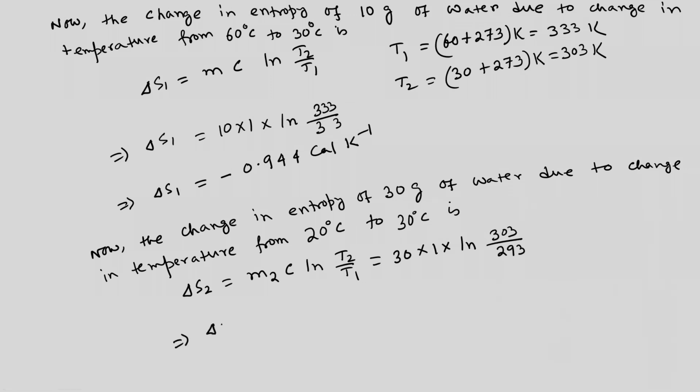So we get delta S2 is 1.007 calorie per Kelvin.